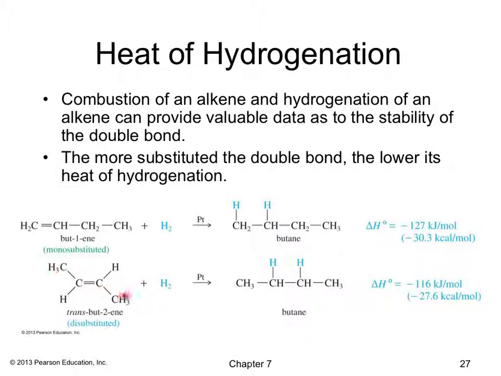If we look at trans-2-butene, this is disubstituted. In the presence of hydrogen and platinum, you form the butane. That heat of hydrogenation is lower. It goes from 127 now to 116, just because it is more substituted.